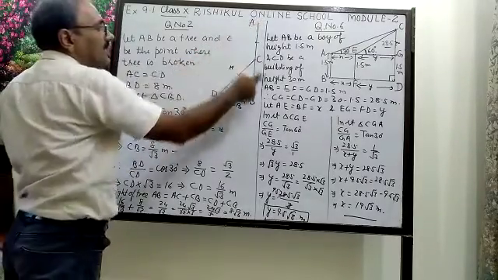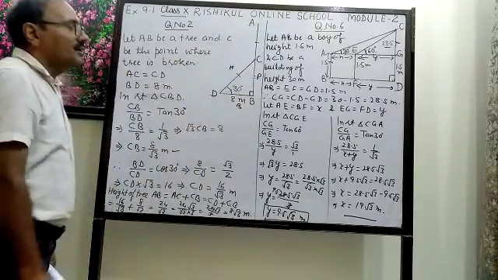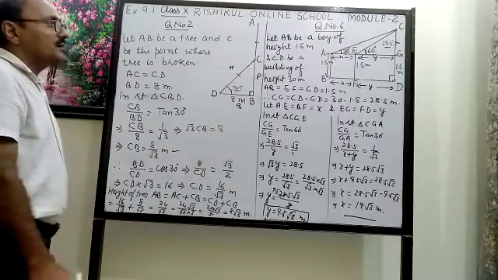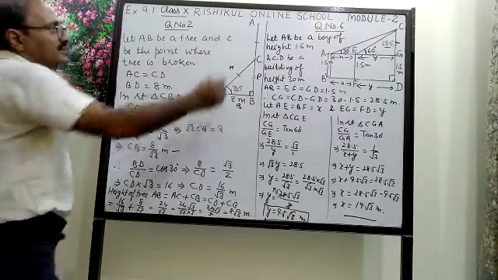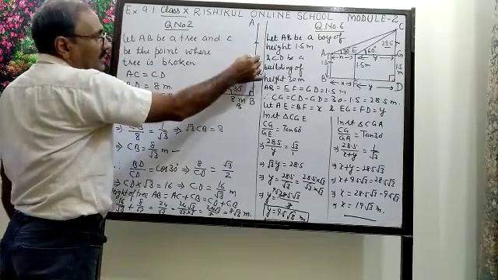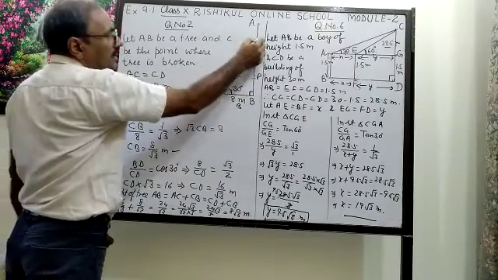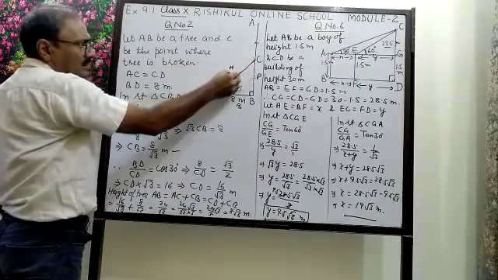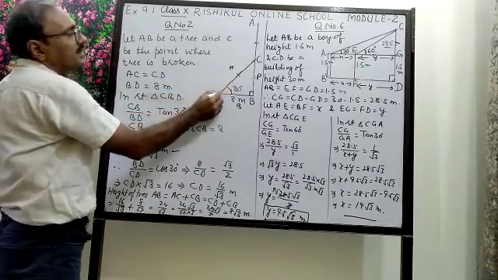Let AB be a tree and C be the point where the tree is broken, and this broken part AC bends here and touches the ground.